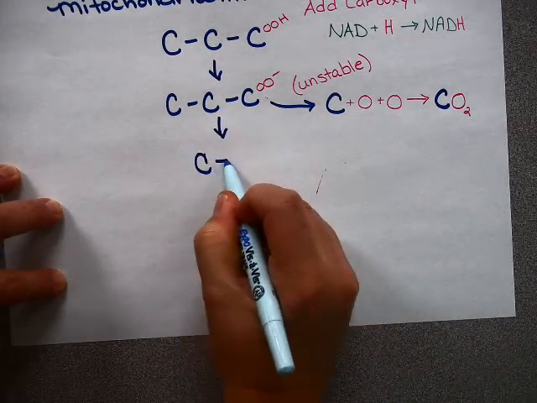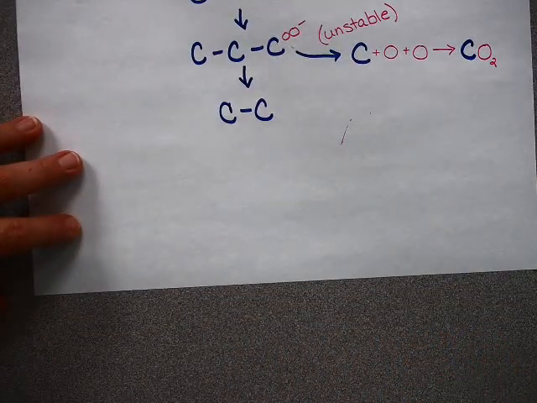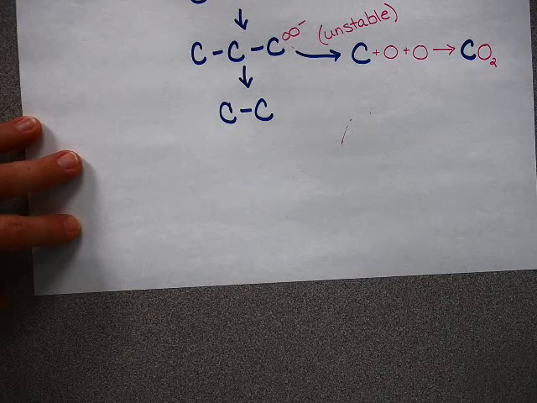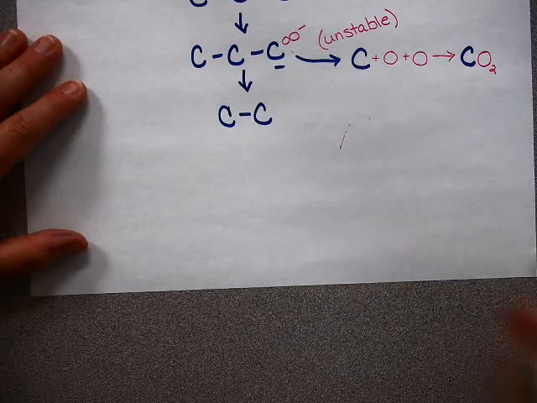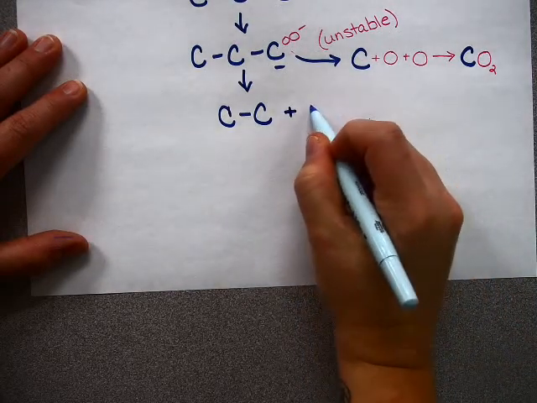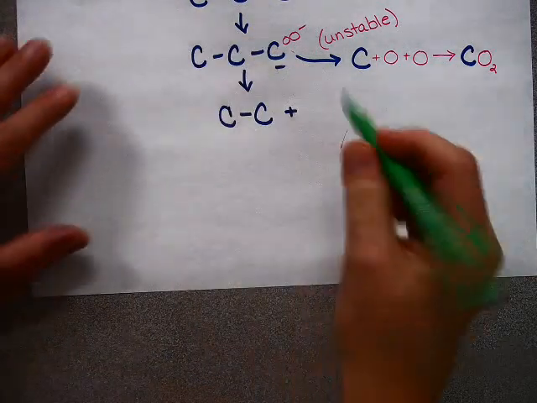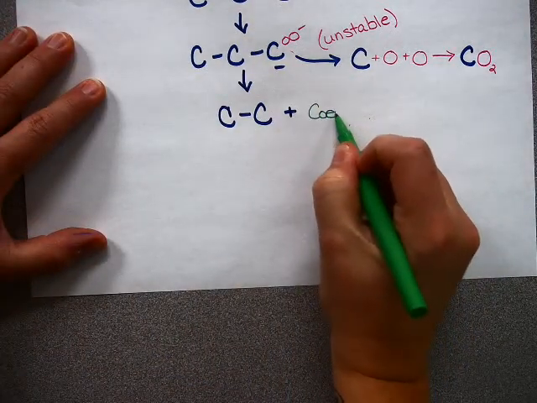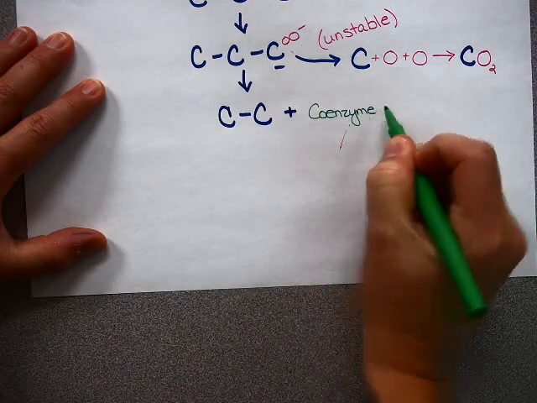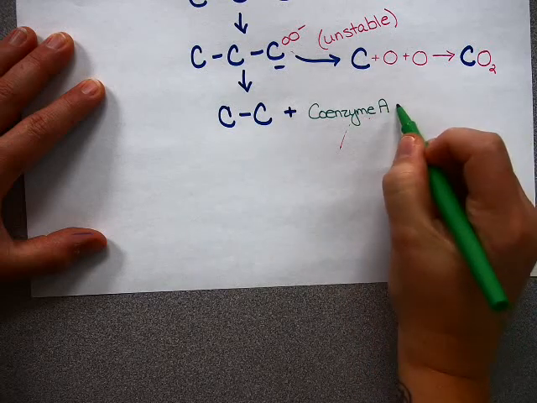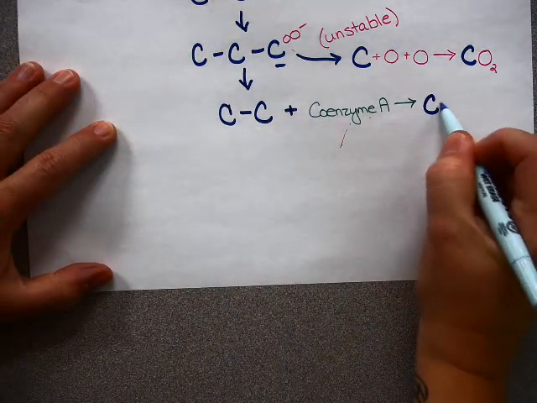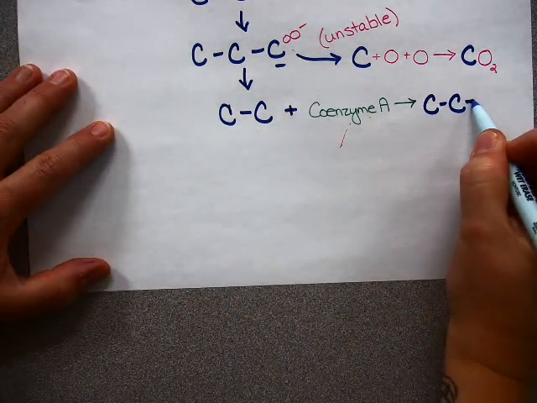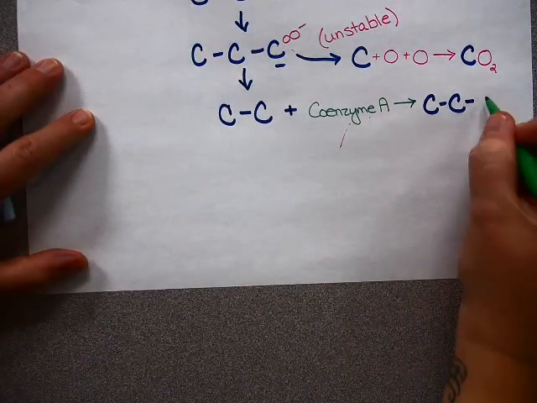All right, this molecule though, I want you to know. So we've got a 2-carbon left. We took one off. Took that little guy off there. 2-carbon molecule, we're going to combine it with something called coenzyme A. So now it looks like CC CoA.